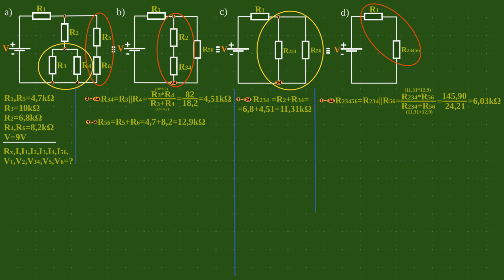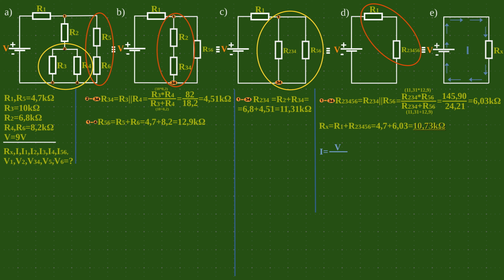Resistor R1 is in series with resistor R2-3-4-5-6, so we calculate it. Now we are calculating the current I, and everything will become much more interesting.